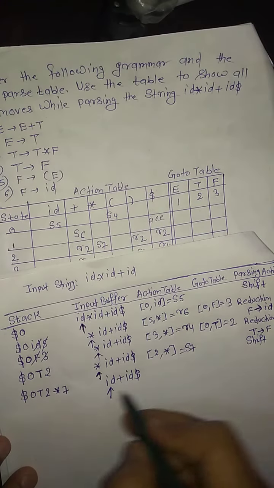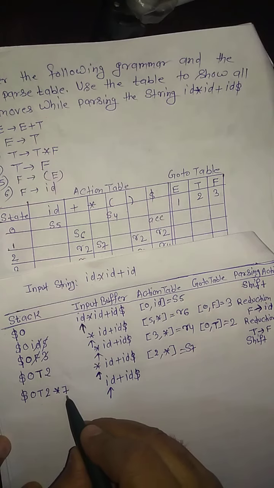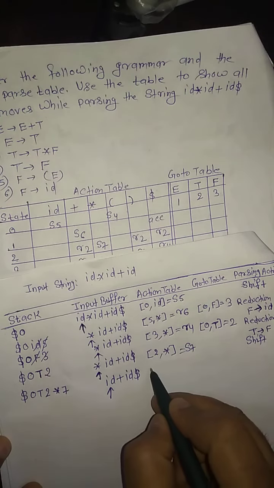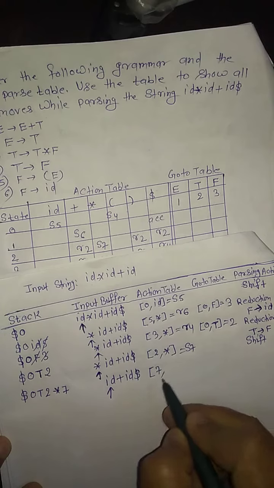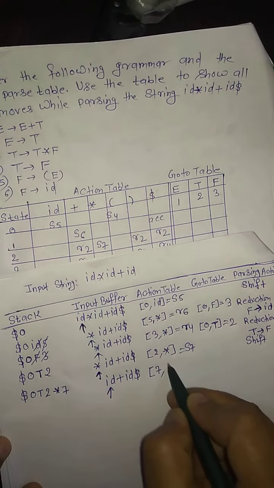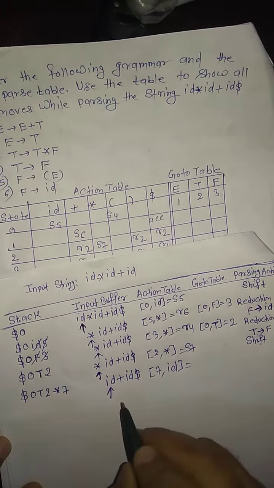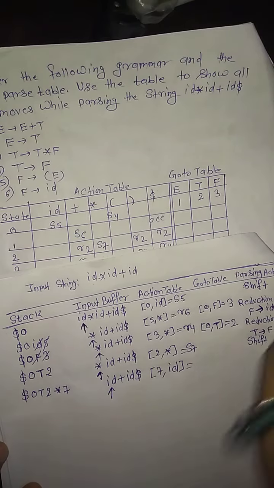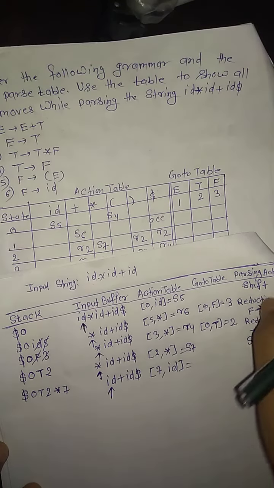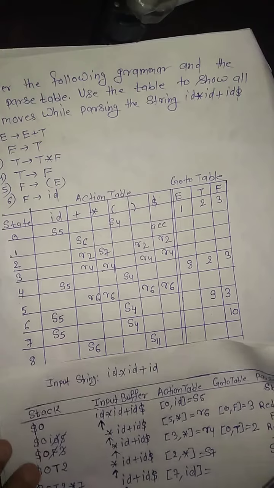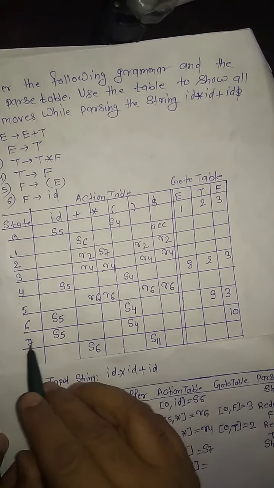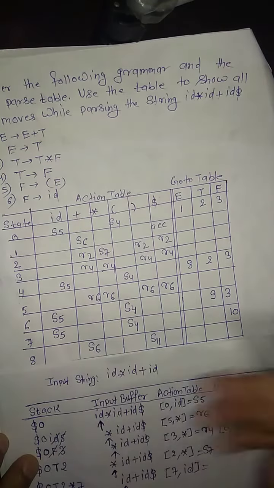For the next operation, you check the top of the stack. The top of the stack is 7. So in the action table 7, and the input pointer points to the ID. So 7 comma ID. You check the parsing table. In the parsing table, 7th row and ID column, we have S5.